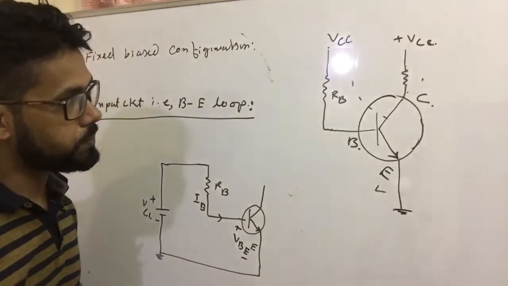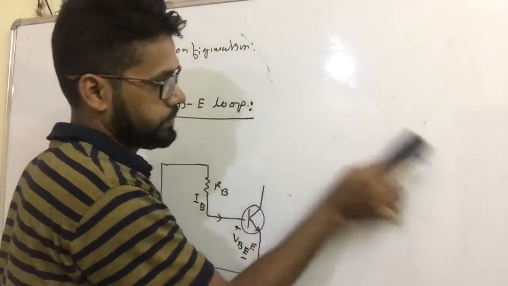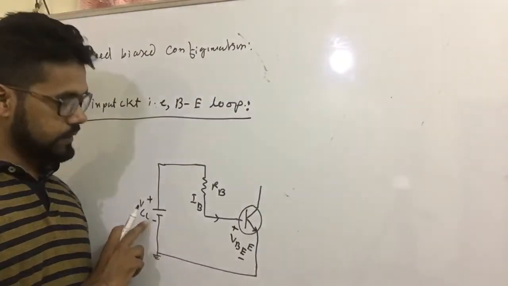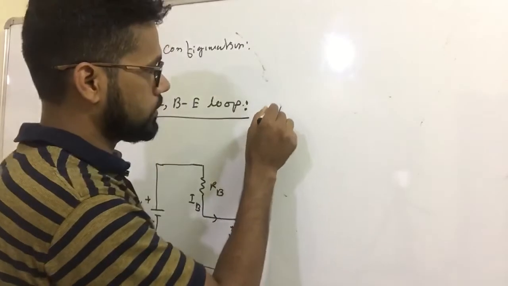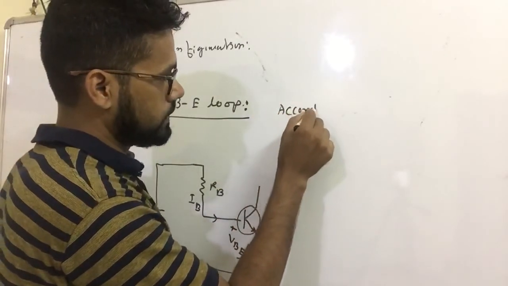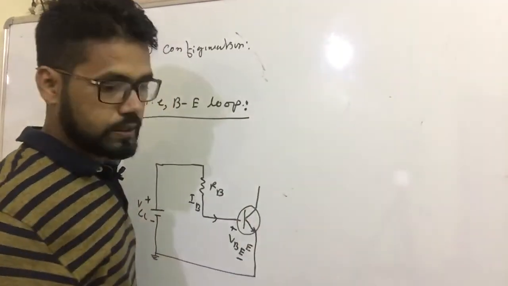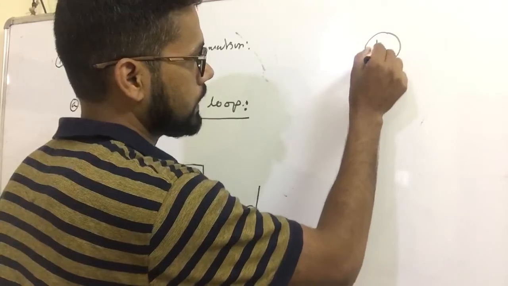Okay, I remove this part. Now, for the input circuit, if we apply Kirchhoff's voltage law, what is the voltage? I will draw this circuit, the smallest diagram I can draw.